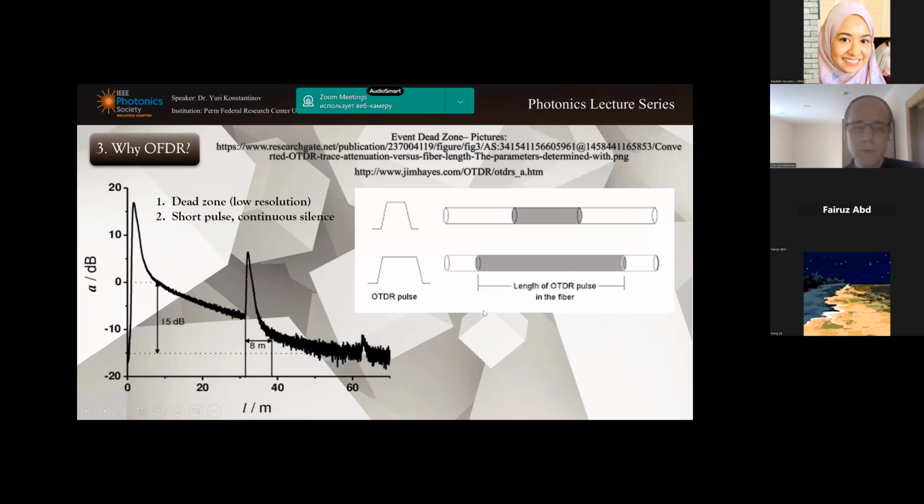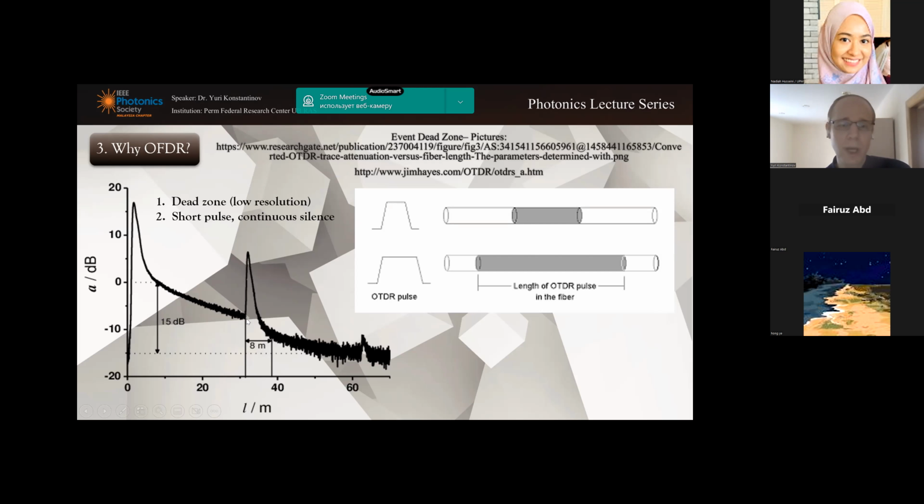So why should we use the optical frequency domain reflectometer? First of all, you know that there are a lot of dead zones within the OTDR trace, and they depend on the OTDR pulse length and some other characteristics.